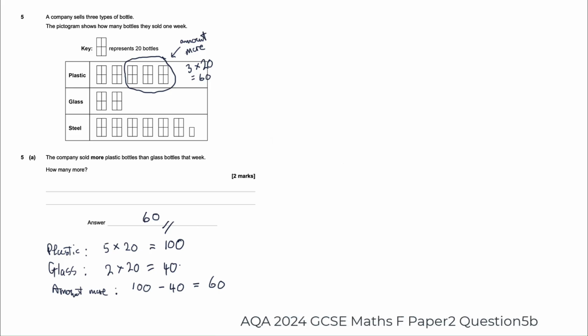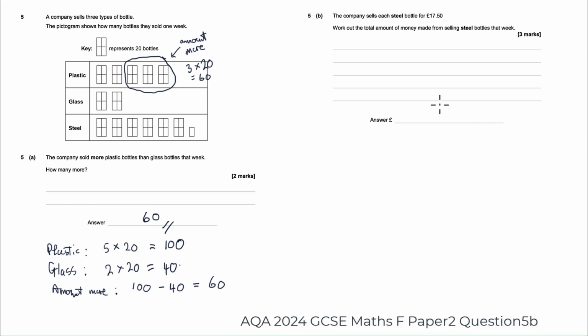Now, part B. The company sells each steel bottle, there's the steel bottles, for £17.50. Work out the total amount of money made from selling steel bottles. So how many steel bottles did they sell that week? So the number of steel bottles, well, let's have a wee look.